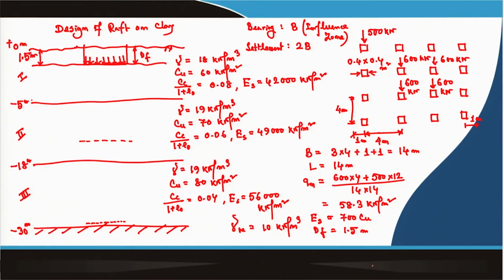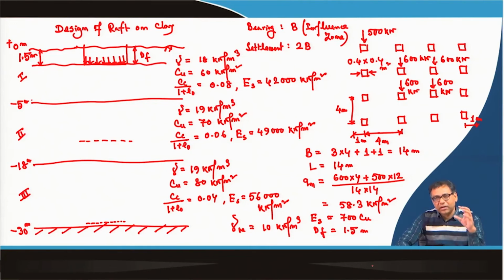And another thing I want to mention, that I have discussed that you can determine the bearing capacity for layered soil also, but that theory is applicable if you have a very strong lower soil and very soft upper soil, or the reverse, that means a very weak bottom soil and a stronger upper soil. Okay, so, that means the variation of Cu value is significantly high.